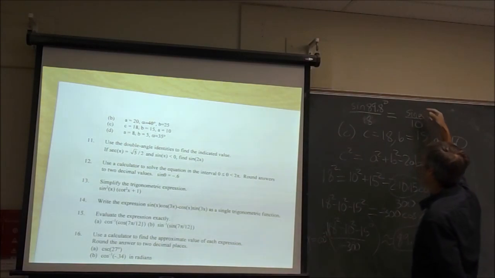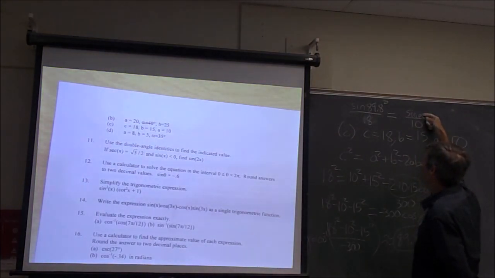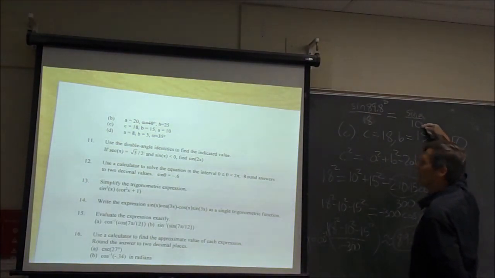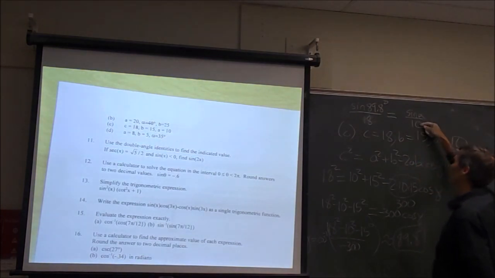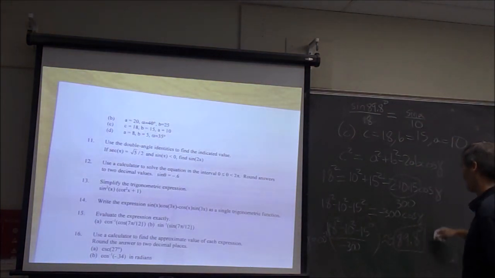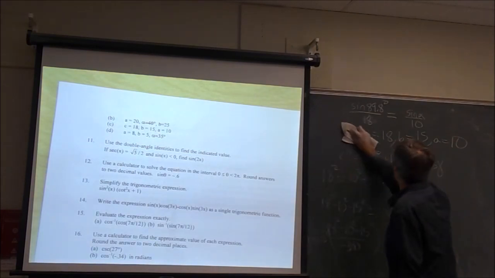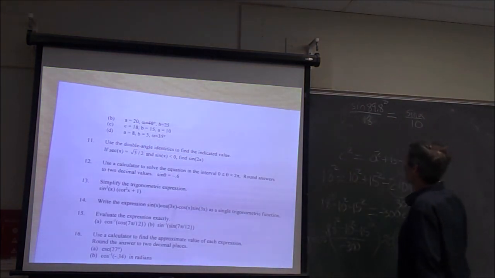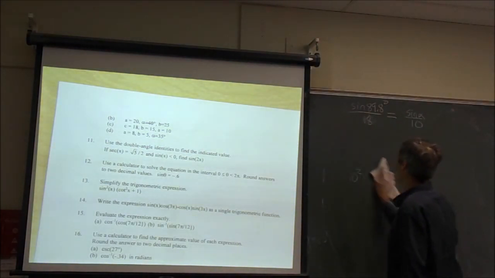The point is to pick an angle that's not opposite the largest side. The angle opposite the larger side might be obtuse, and then you have the ambiguity in the law of sines. So I picked the smallest side here, 10. I know the angle opposite it will be acute.